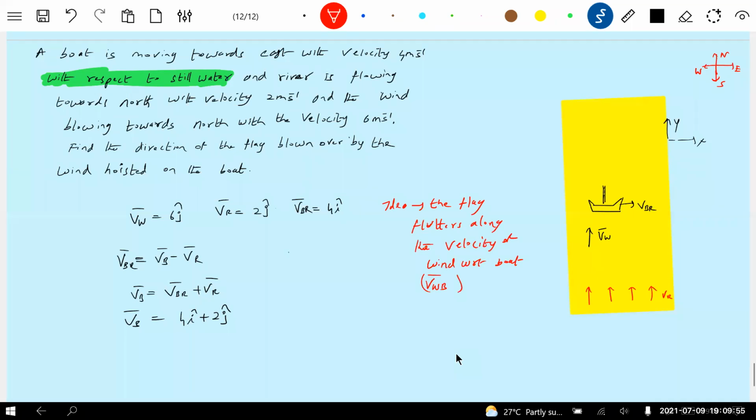We know VW and VB. We wanted VWB bar. For that, VWB bar equals VW, 6j cap, minus VB.